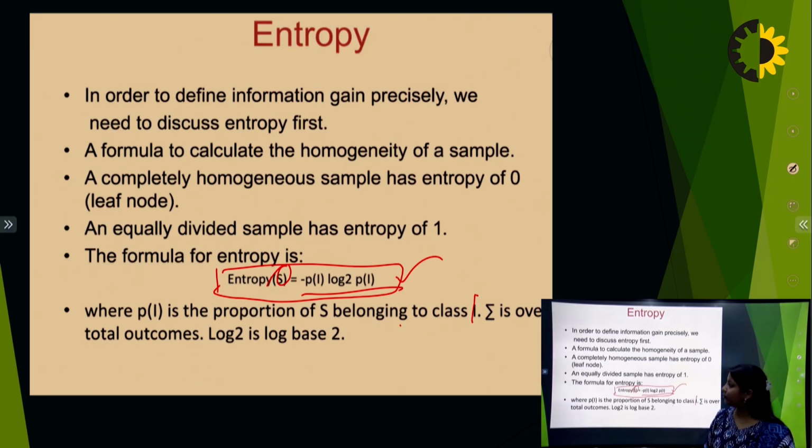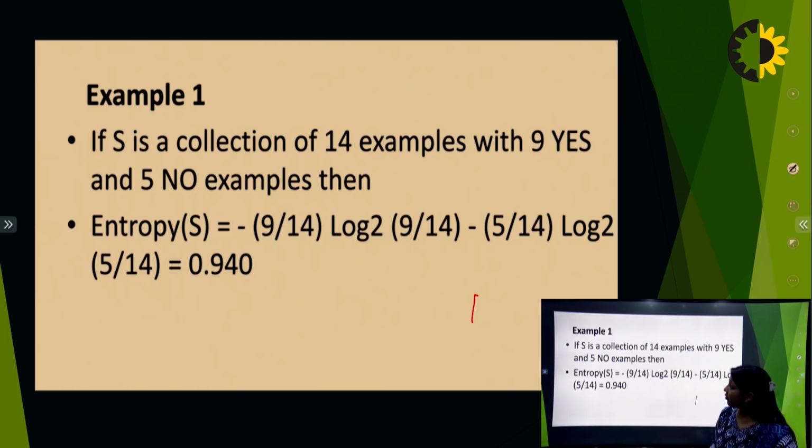For example, if S is a collection of 14 examples, we have taken the example of 14 samples with 9 yes and 5 no. We have a total of 9 belonging to the yes class and 5 belonging to the no class.